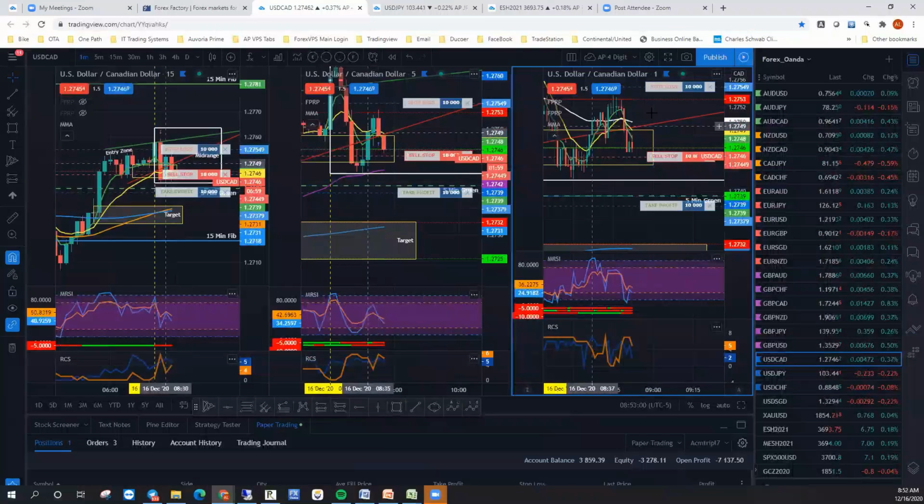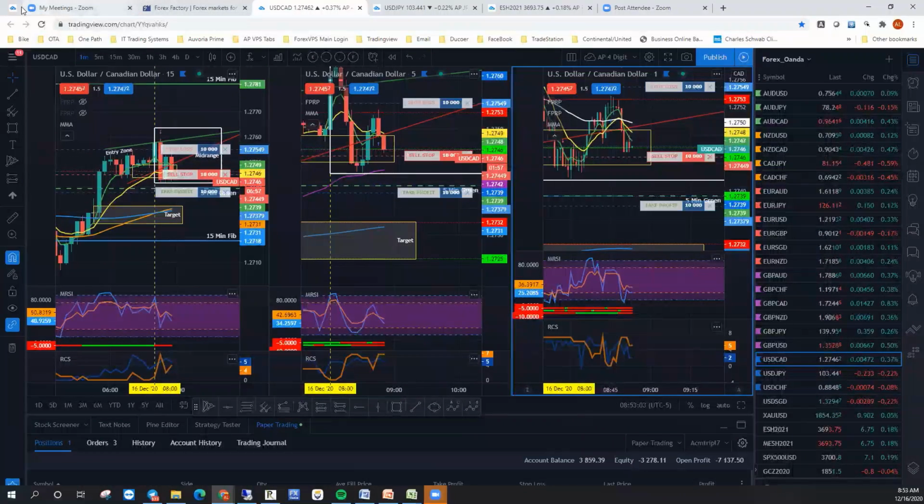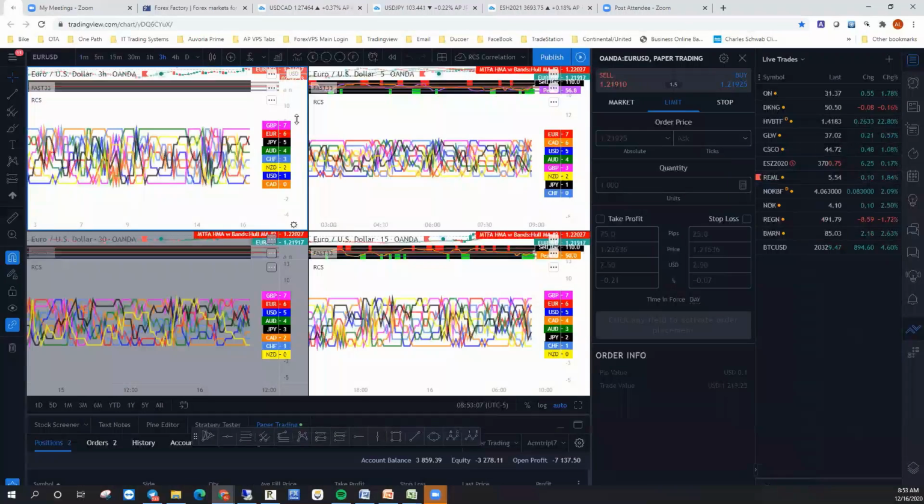Let's check our RCS and see where that is. So right now we're going to be looking at Canadian strength to the short side. Here's Canadian weakness here on the higher time frame. Canadian weakness, Canadian right here. They're both right in the middle with Canadian strength up here at the 5 minute.